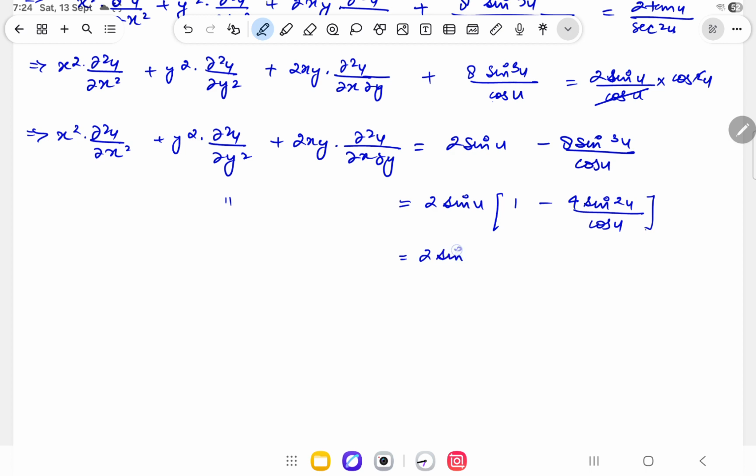If we take cos u as common, I'll be getting 1 by cos u minus 4 sine square u by cos u.